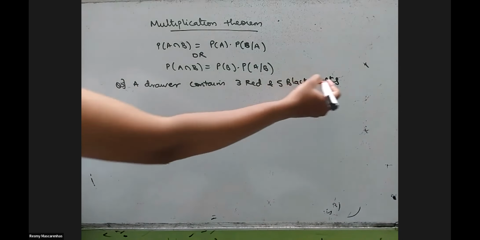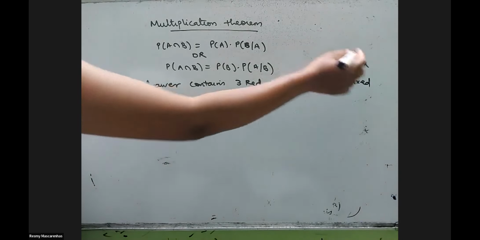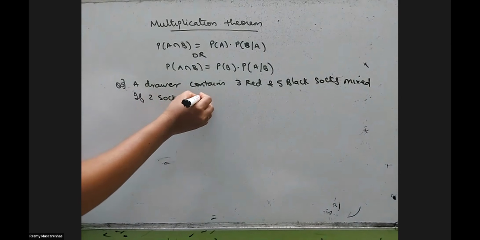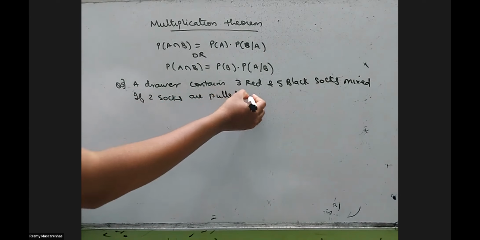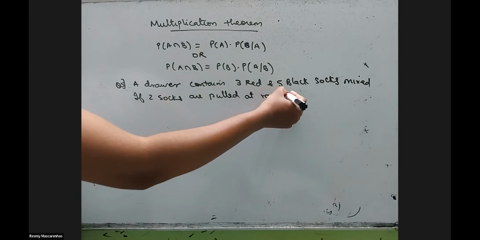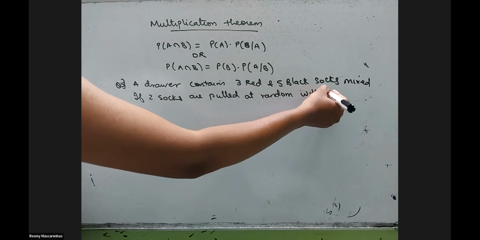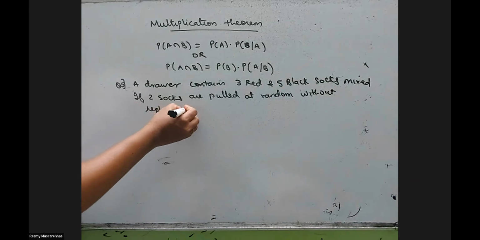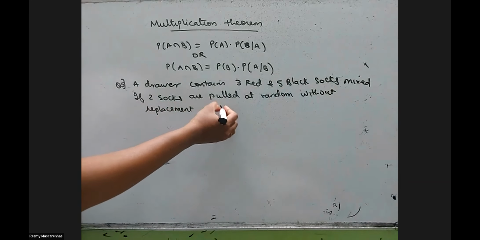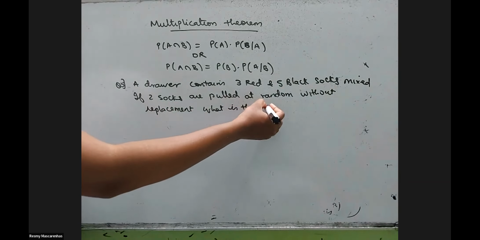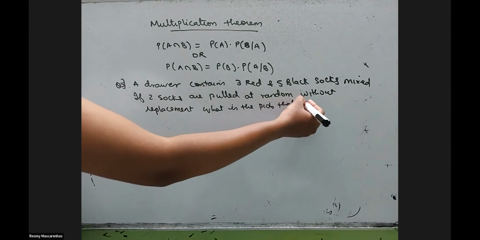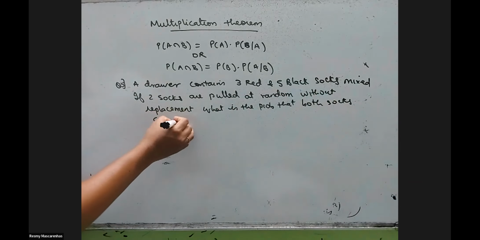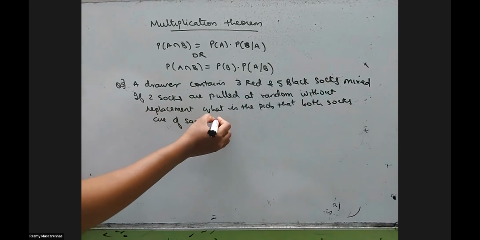Those are mixed. If 2 socks are pulled at random without replacement, what is the probability that both socks are of the same color?